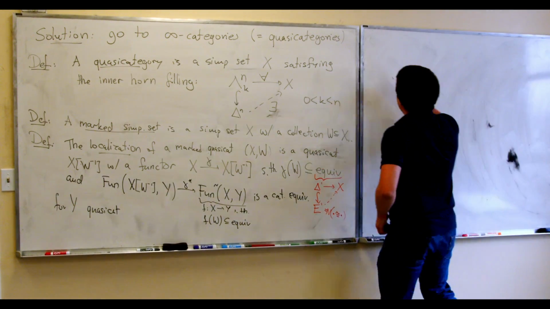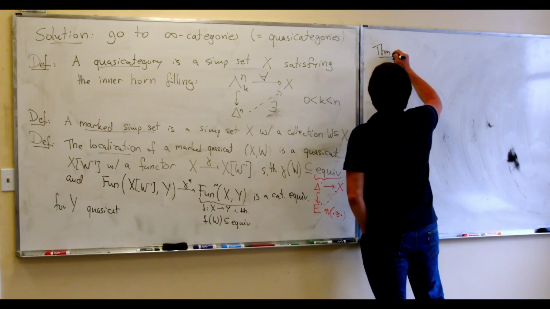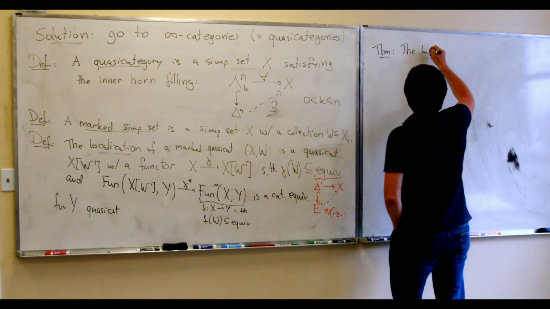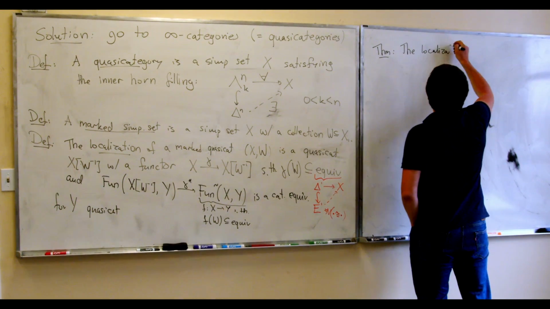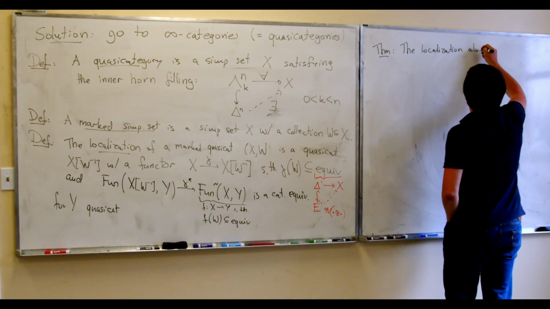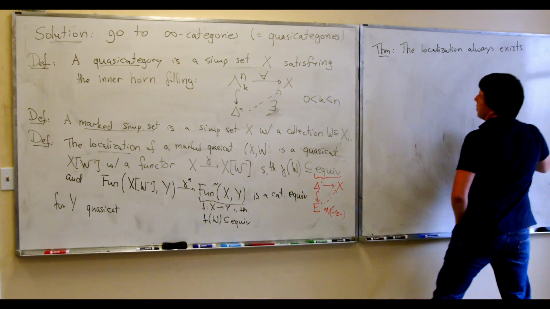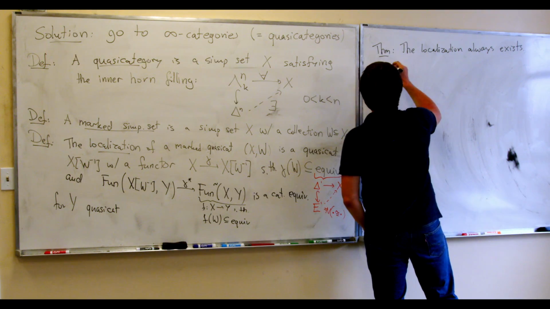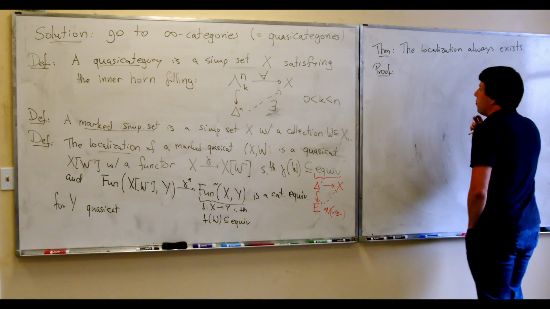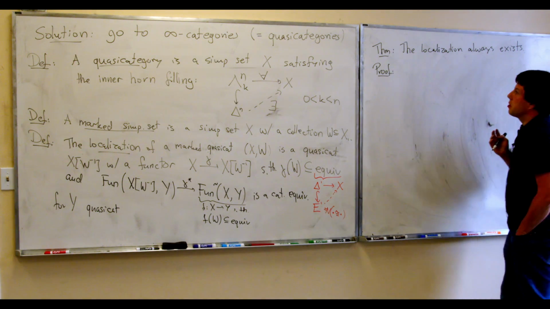So the first theorem we're going to prove is that the localization always exists. And how are we going to prove it? We're going to give the exact same proof as before.